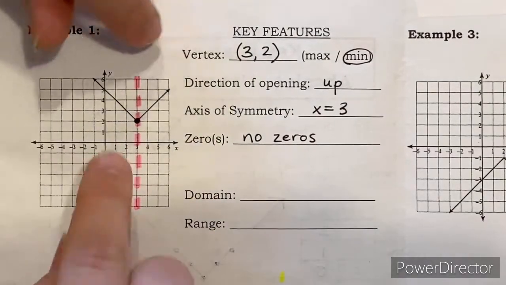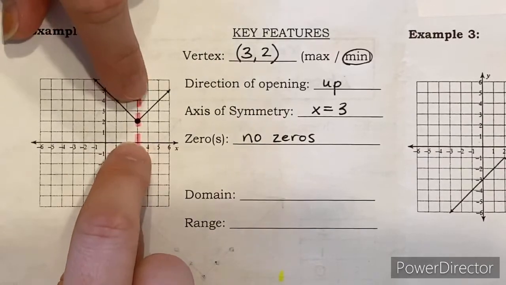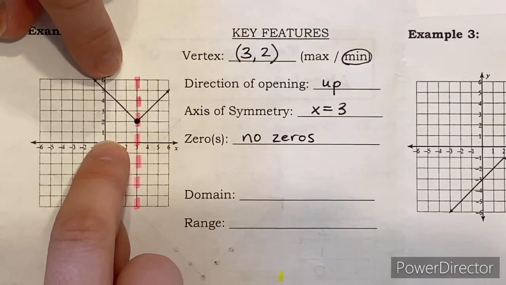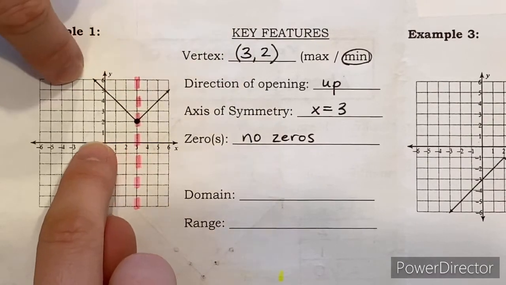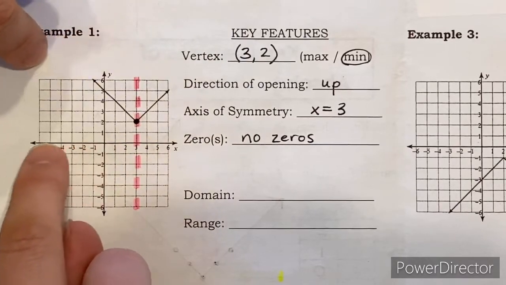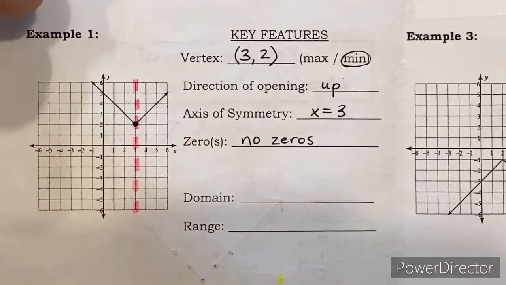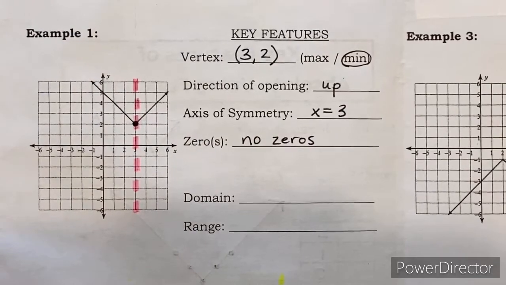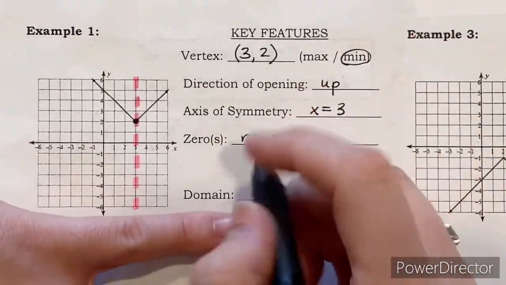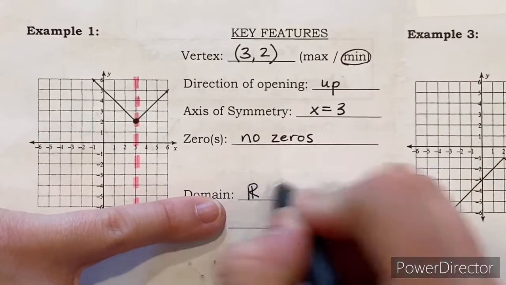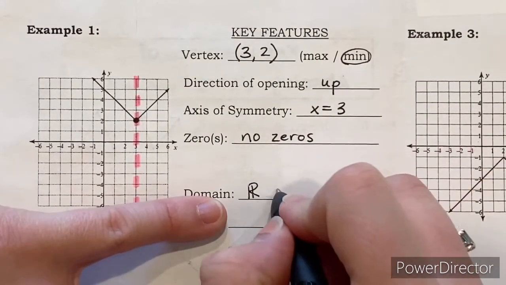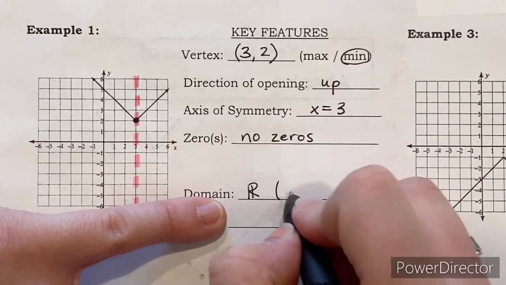Now let's look at the left side. If I move to the left on the x-axis, this arrow is going to follow me out here, which means that I'm going to use every number over here to the left. And when we use every number from the left to the right, we're using all real numbers, which can be abbreviated with that symbol. Looks like an R with an extra line in it.